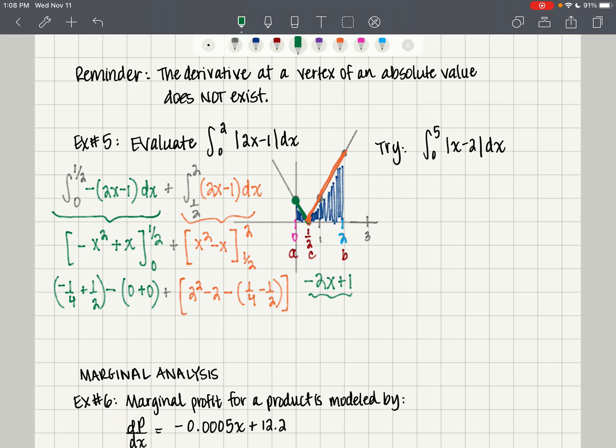Lots of fractions here. Negative 1/4 plus 1/2 is 1/4, minus 0, plus 4 minus 2 is 2, minus negative 1/4. So we have 1/4 plus 2 plus 1/4, which is 2.5, which is 5/2.